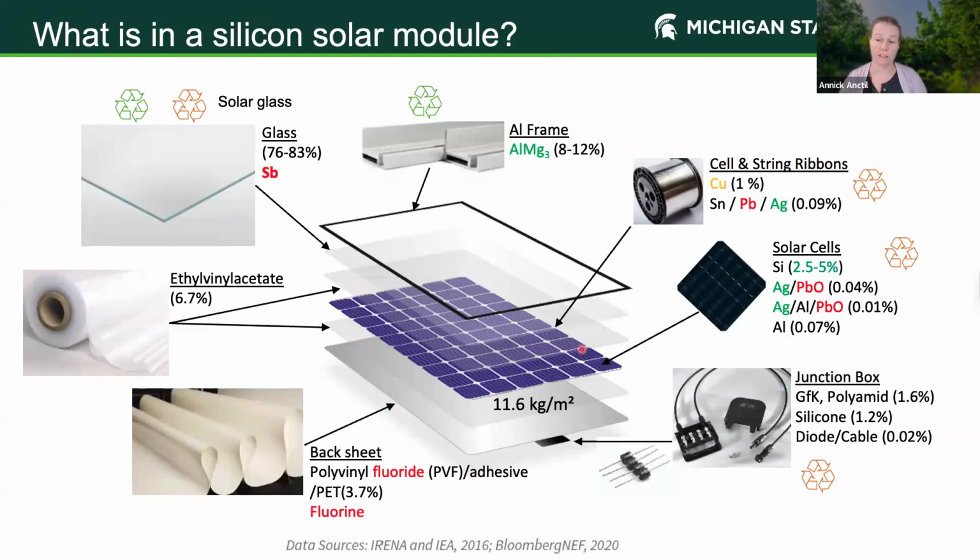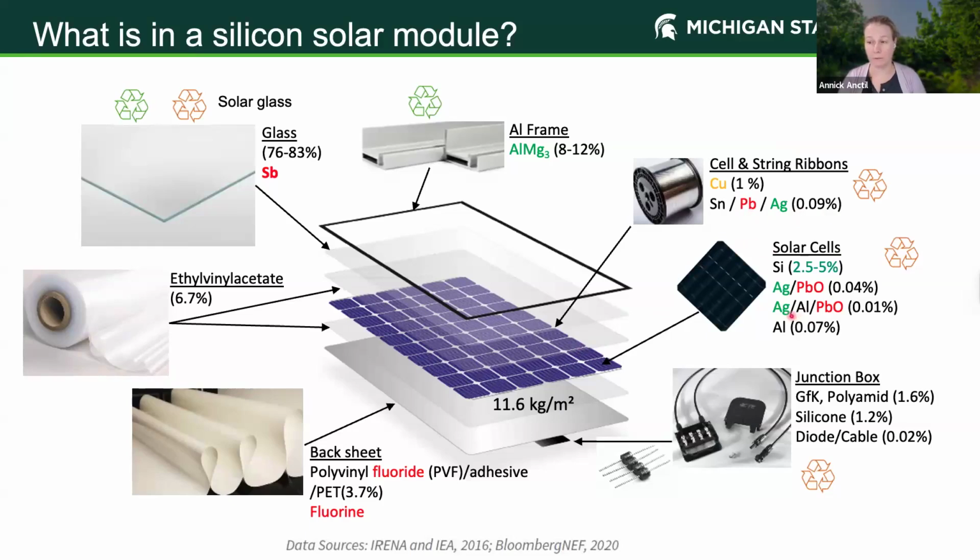And the connection, how we connect the cells together, is similar to any electronics product: you usually have ribbon, connectors, a bus bar. In those bus bars, that's where you could have lead, but they're similar to any electronic product. There are also lead-free soldering elements now, so lead doesn't need to be used in solar.